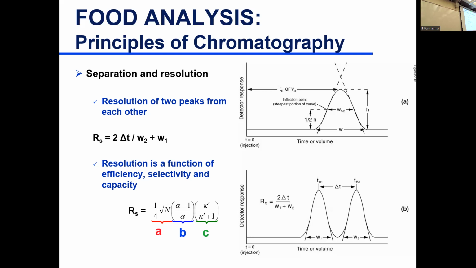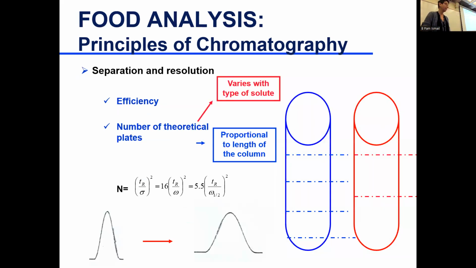That's the selectivity: how selective your stationary phase is to your particular compound. And then the capacity of your column: how many functional groups I have, and how many compounds I'm able to interact with my column. Capacity factor. So we're going to talk about efficiency, then the selectivity, and then the capacity. Let's talk about efficiency first. That has to do with the theoretical plate number.